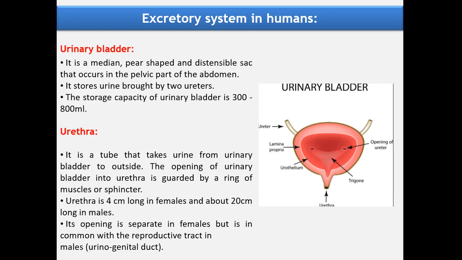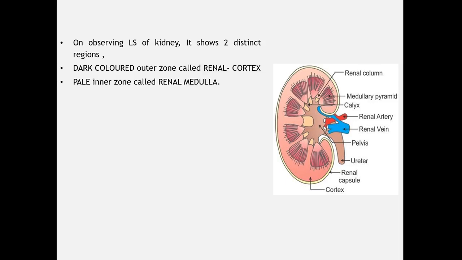In females it sends out only the urine, but in males it is meant for the exit of both urine as well as the semen or sperms. The sperms are nothing but the male gametes. Hence, in males it is called the urinogenital duct. This is about the excretory system in humans.